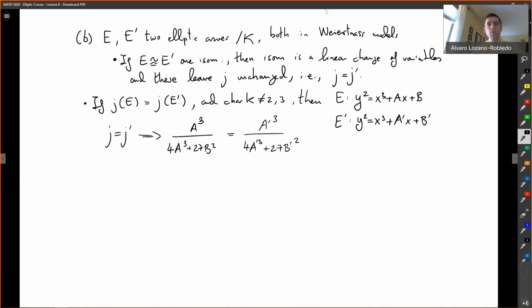Again, in the j-invariant formula there is a 1728 times 4 cubed times a cubed in the numerator, but those two in the equality of j would cancel out, and you get this equation.